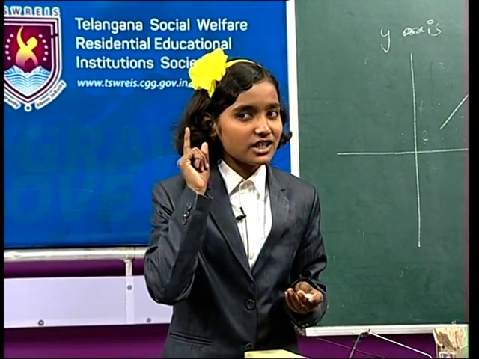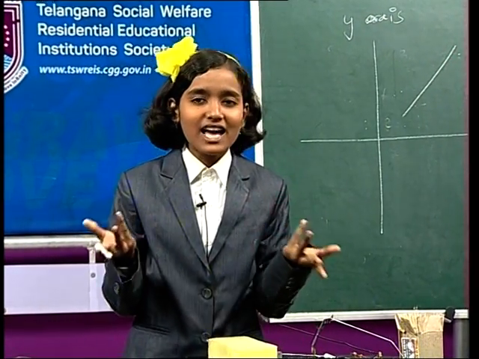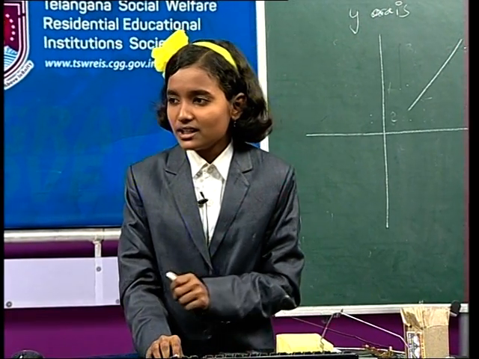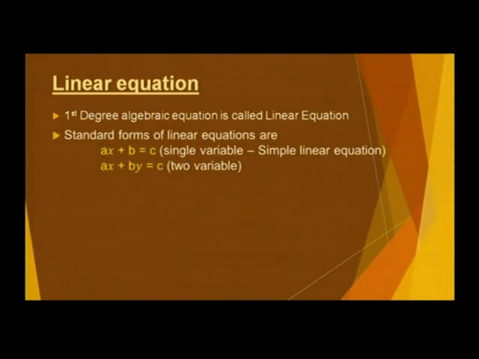Yes, your expectation is really correct. If the degree of an equation is equal to 1, then that is called a linear equation. First degree algebraic equation is called a linear equation.